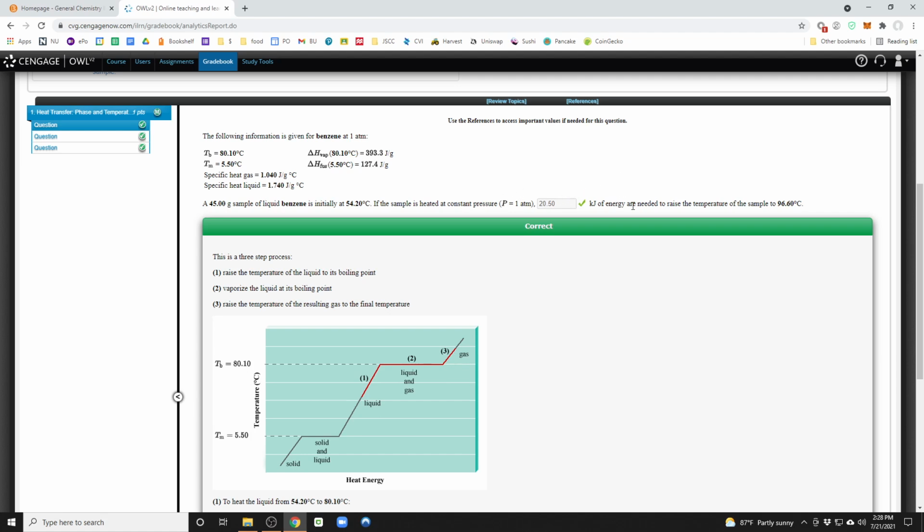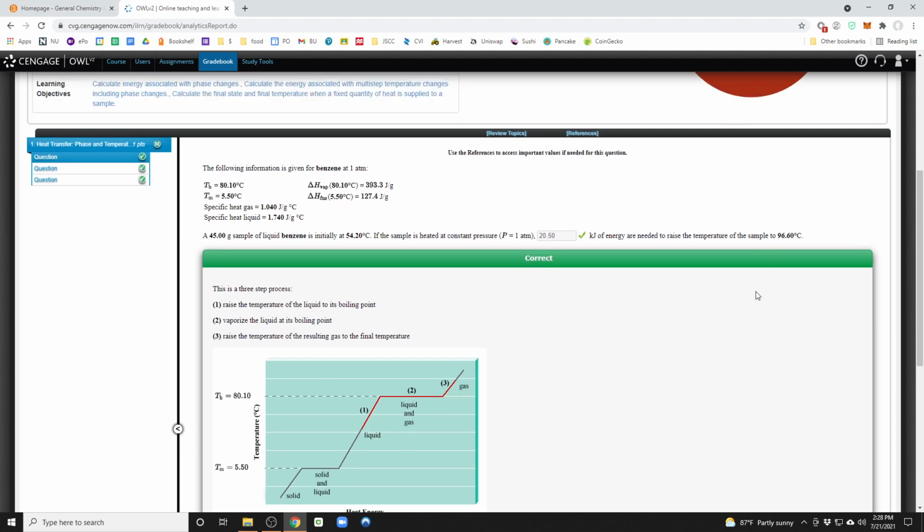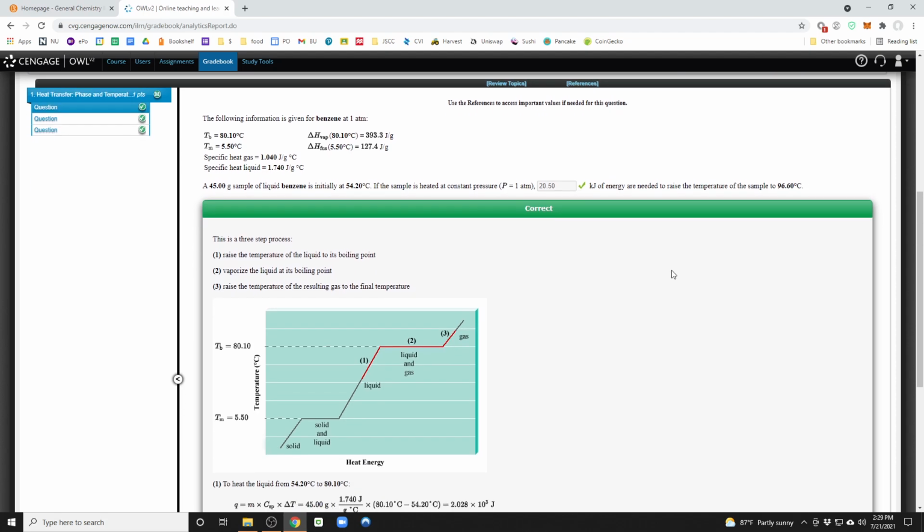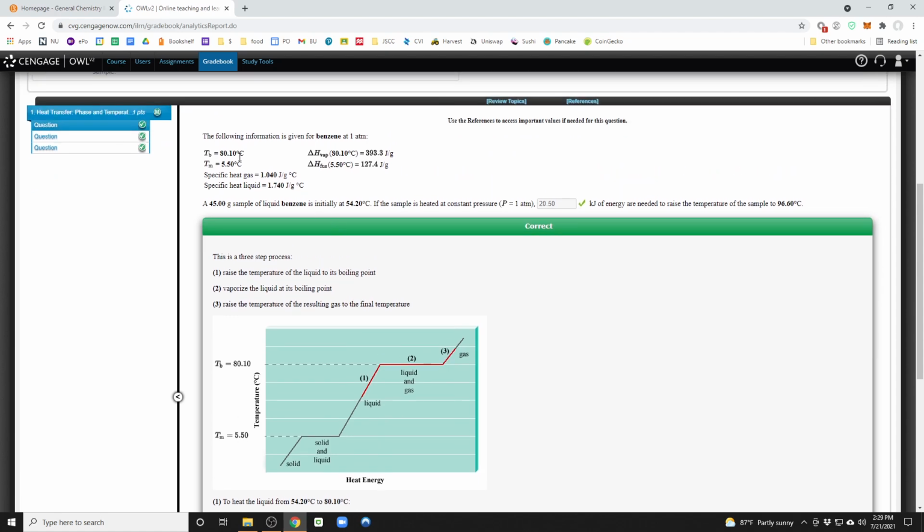Blank kilojoules of energy are needed to raise the temperature of the sample to 96.6 degrees Celsius. Okay, so if we look at this right here, we start below, 54.2 is below the boiling point, but it is above the melting point. So what we're doing is we're starting somewhere around here.